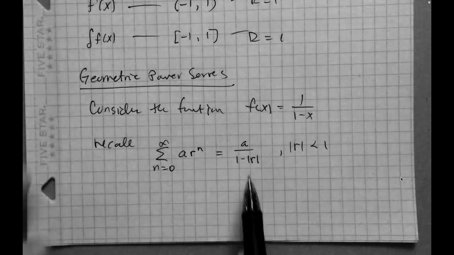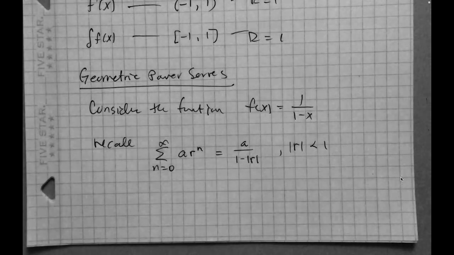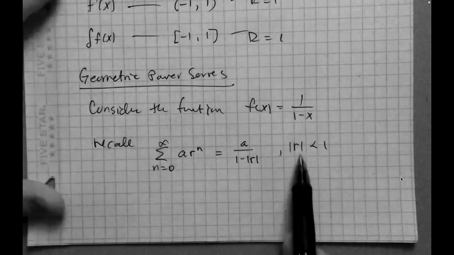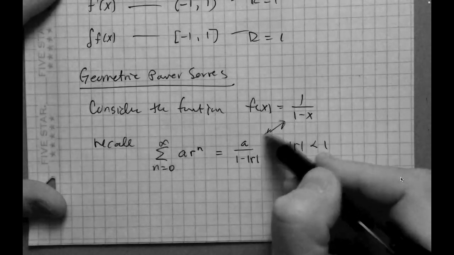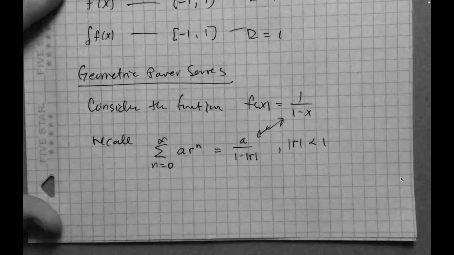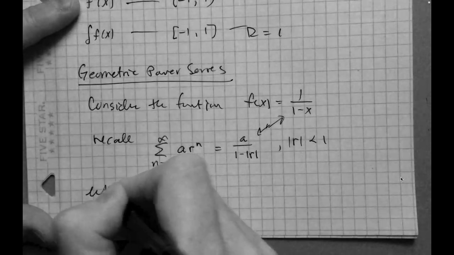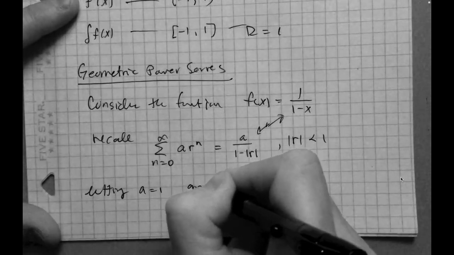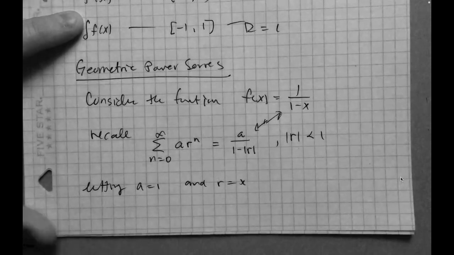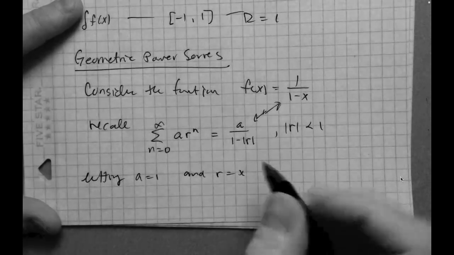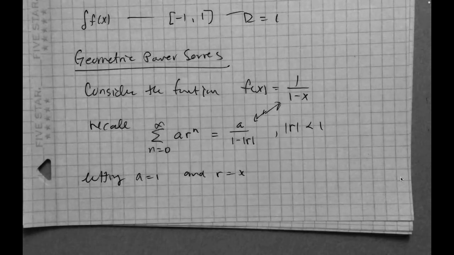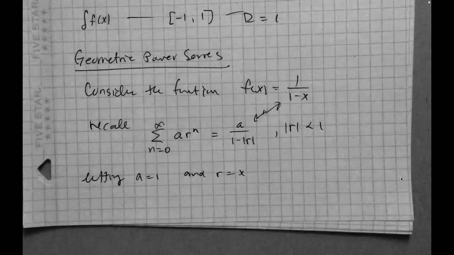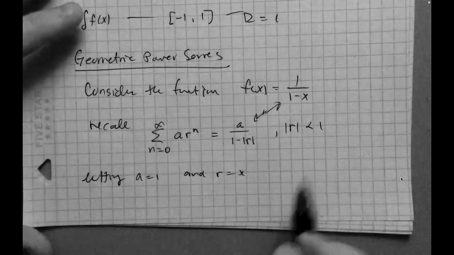When it does converge, this is what it converges to. These two obviously resemble one another. So if we let a equal 1 and r equal x, then a power series representation for 1 over 1 minus x centered at 0 could be arrived at pretty quickly.